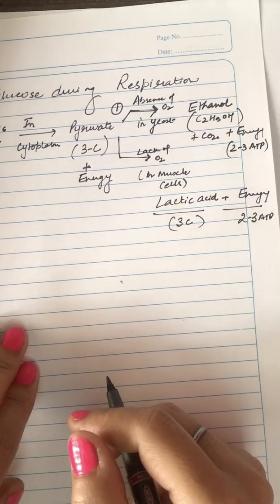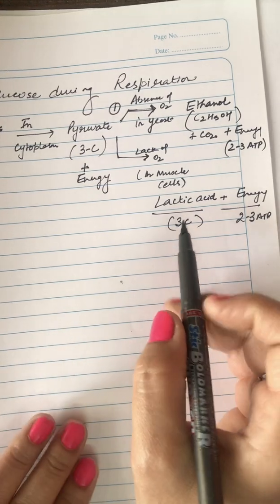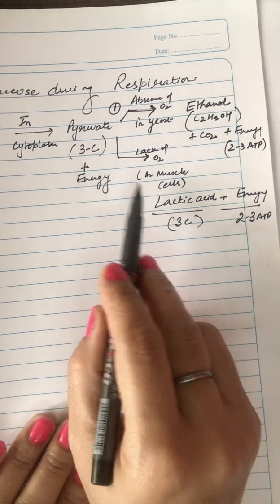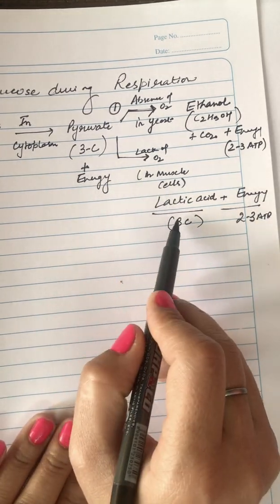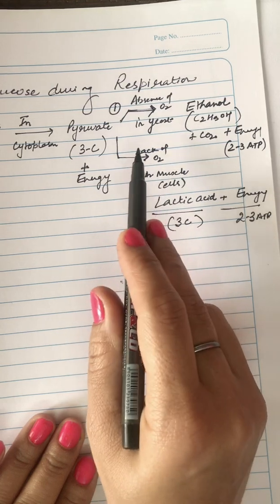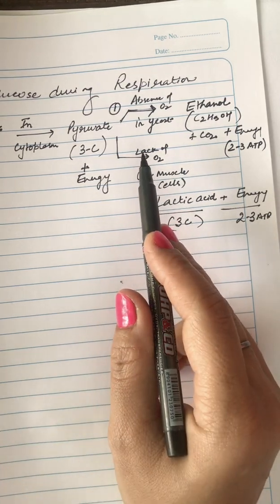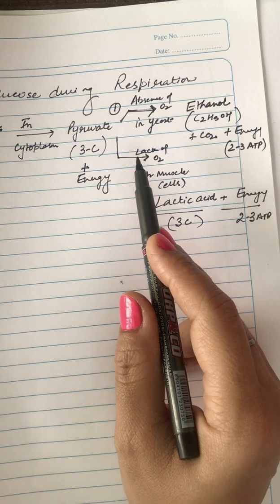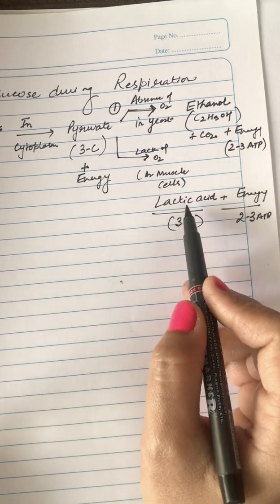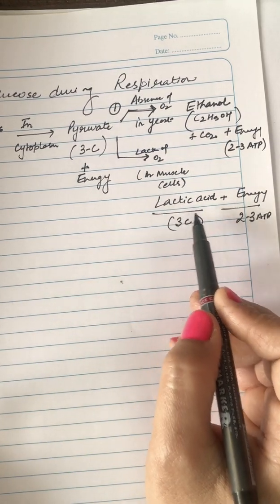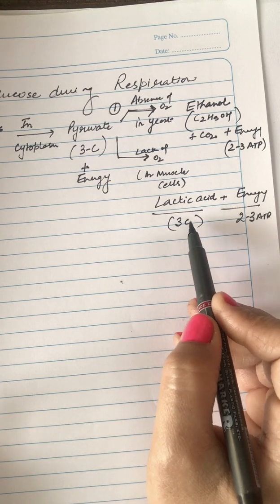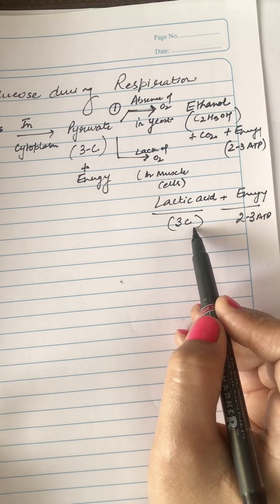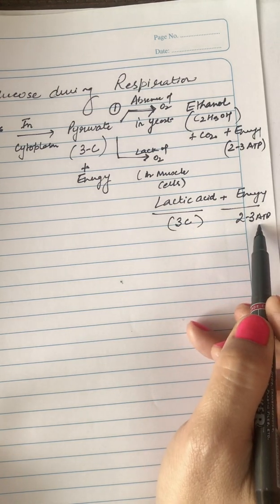Taking oxygen from all the body parts, then breakdown of this pyruvate into lactic acid is only because of lack of oxygen, because you do not provide so much of definite work to your body, and ultimately that strenuous exercise ends up leading to the formation of lactic acid, and 2 to 3 ATP molecules of energy is released.